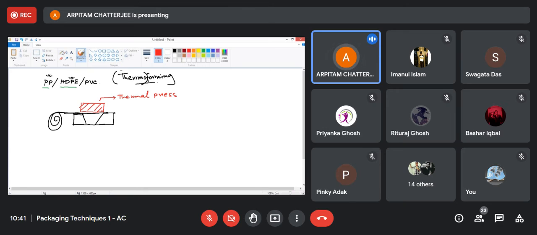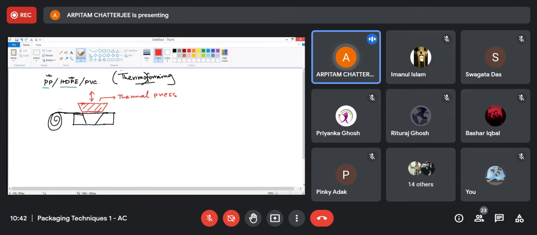Okay, and there is a slight mistake in the drawing. The shape should be like this. And this thermal press has an up-down movement.